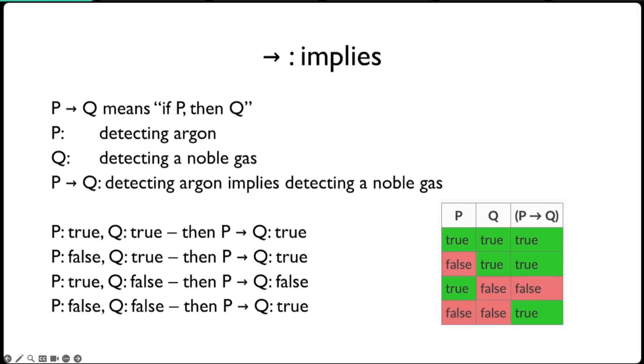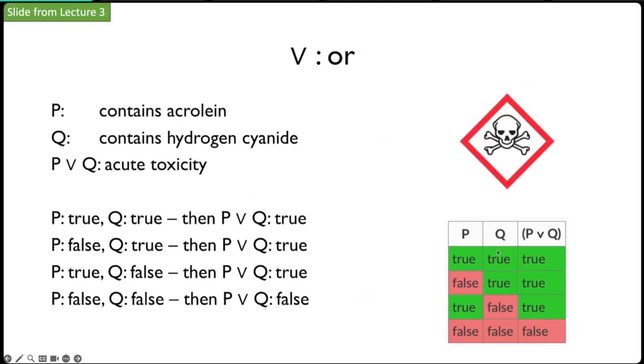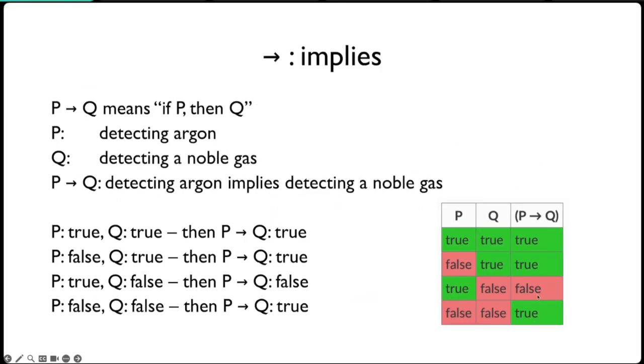If I would have not P or Q, I would end up with, let me jump back over to the or case. Not P would switch the truth values of P in all of these cases. It would keep, because Q is true, these would still be true, but it would switch the truth value of the latter column, and it will end up matching the P implies Q column.